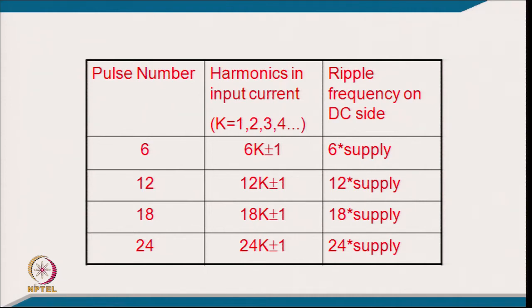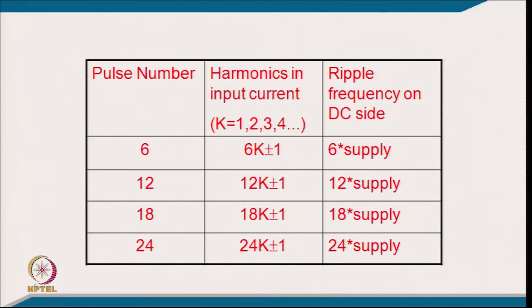Some people also call it a conventional converter, and the table lists harmonics in input AC mains current, where K can be a positive integer like 1, 2, 3, 4, and then the ripple in the output DC source. Typically for a 6 pulse converter you will have harmonics of 6K plus minus 1. For example, for 6 pulse you will have the 5th and 7th, and next, corresponding to K equal to 2, will be 11, 13, similarly 17, 19.